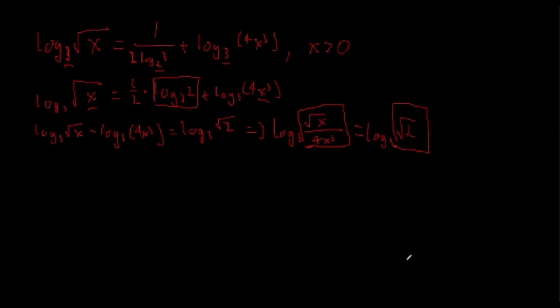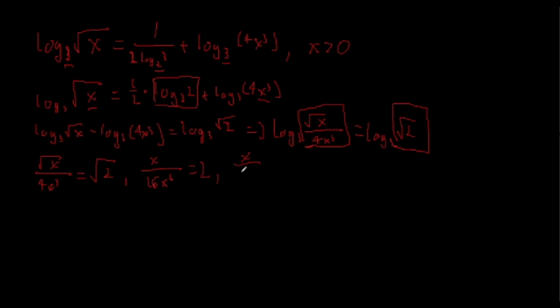Now let's just write it out here. And now all we've got to do is some algebra. We're going to square each side to get rid of the square root. So we're going to have x over 16x to the 6 equals 2. We're going to multiply each side by 16.